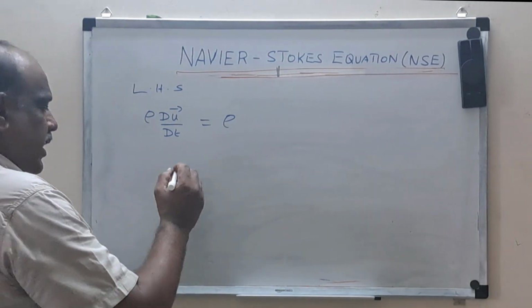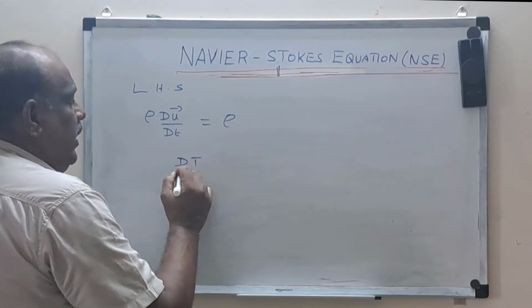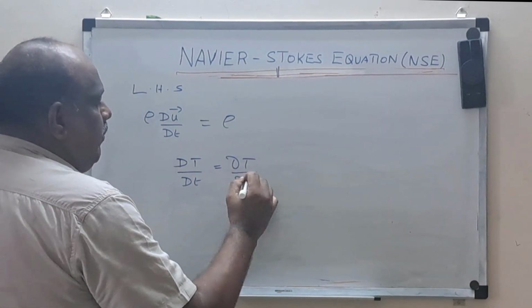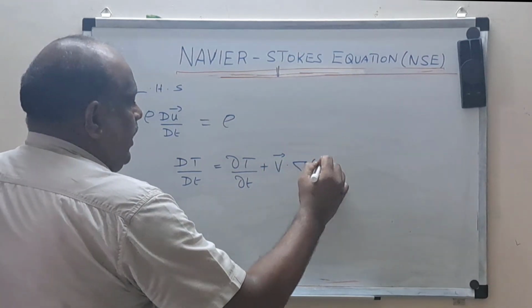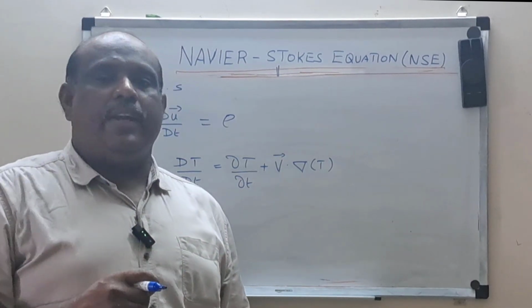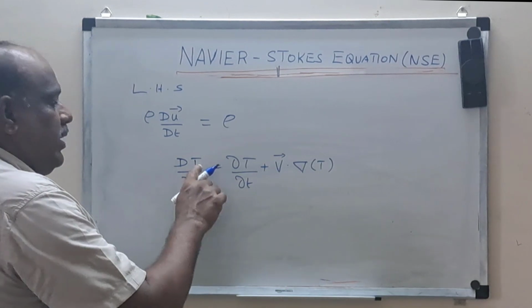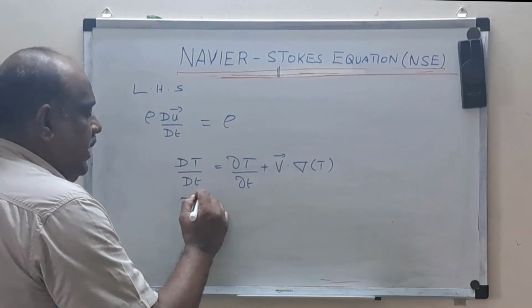The substantial derivative, if it is DT by Dt, will be equal to dou T by dou t plus v dot del of T. Please refer to my earlier video on substantial derivative. You will come to know how we write this. So here instead of the variable T, we have the variable u. So we have Du by Dt.